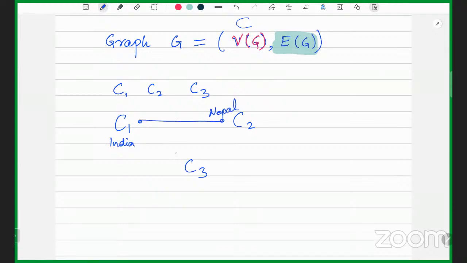Whereas if, let's say, C3 is my UK, this edge will not be present, right? So this way, the entire world map can be translated into a graph. So this is all about the definition of a graph. Once I have understood graph, I can talk about better things, and they are how I can color a graph.